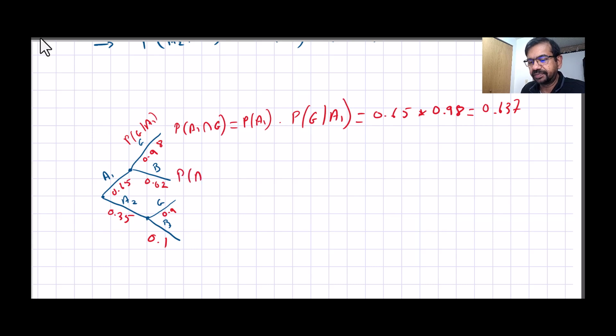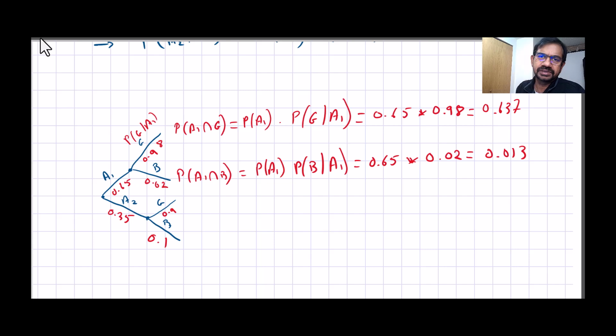And then this is P(A1 and bad), which is the probability of getting path 1, or a part from firm 1, times the probability of getting a bad part conditional on the part coming from firm 1, which is 0.65 times 0.02, which is 0.013.